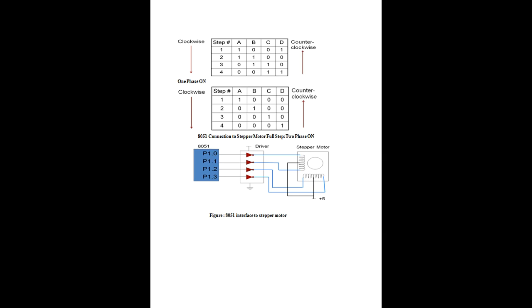Next, this is a 4-step sequence. In the 4-step sequence all 4 windings are connected, and the steps change according to the sequence you give. If the phases are applied in the order shown here, it is clockwise. The same sequence from 4 to 1 is counterclockwise, that is, anti-clockwise.